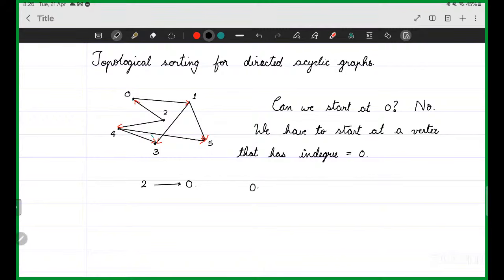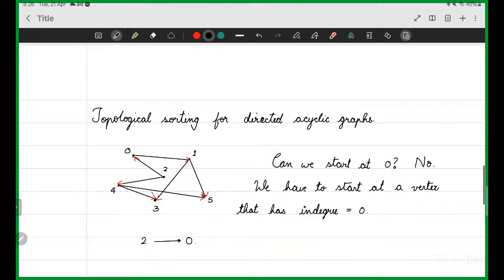So if I start at 0, then 2 will come somewhere later, right? What is my goal?